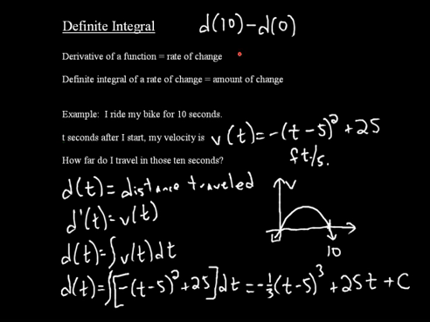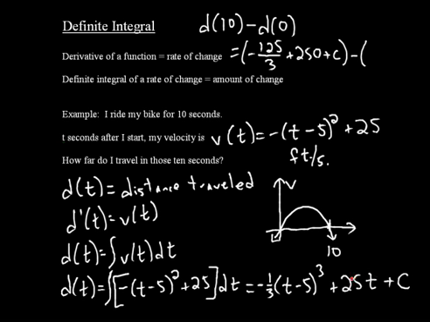If we subtract these, let's see, what do we get? I plug 10 in here, and I get negative 1/3 times 25 cubed, so that'll actually be negative 125 over 3, and that's pretty ugly, so I'm going to put the 3 under the 125 so it looks better. So I plugged 10 in here, and then if I plug 10 in there, I get plus 250 plus c, and we're going to subtract what I get when I plug in 0.